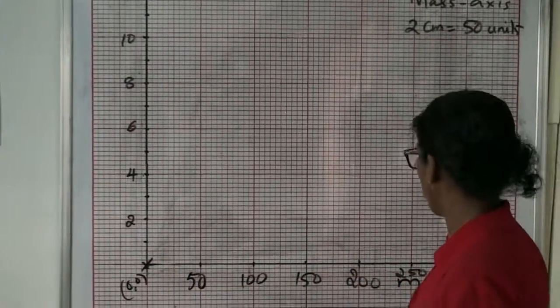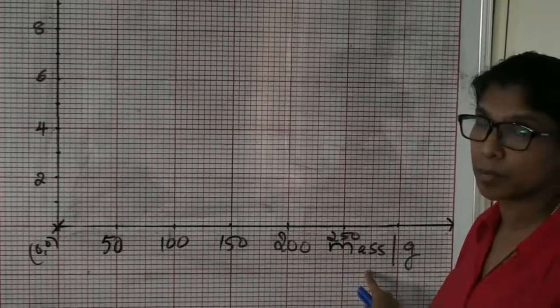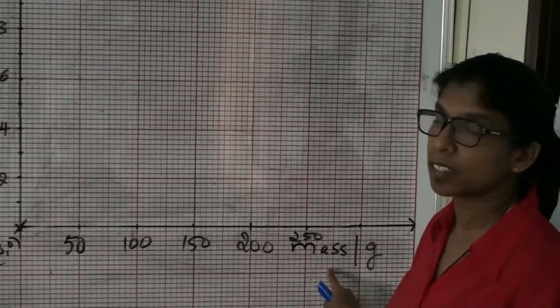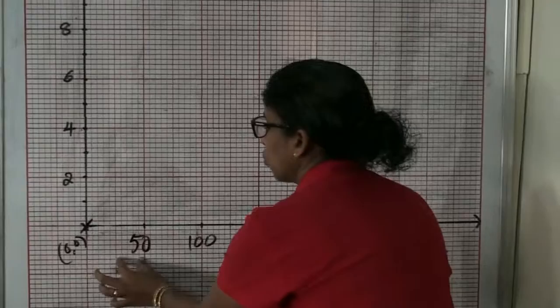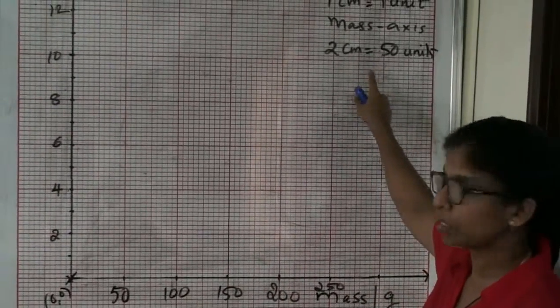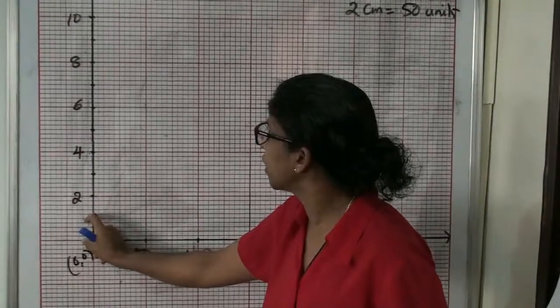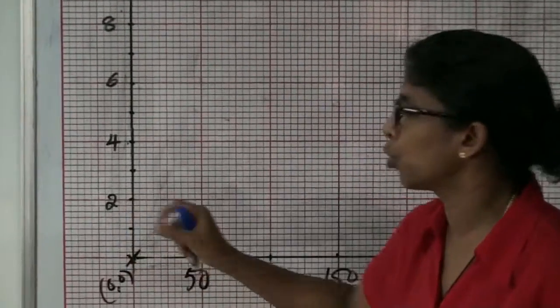And look at the x-axis, which represents mass. On the mass axis, 2 centimeter is 50 units. And here, each 1 centimeter is 1 unit, so 2 centimeter is 2 units.